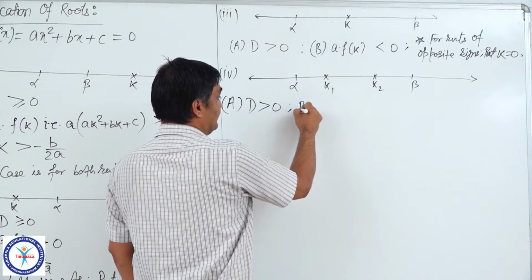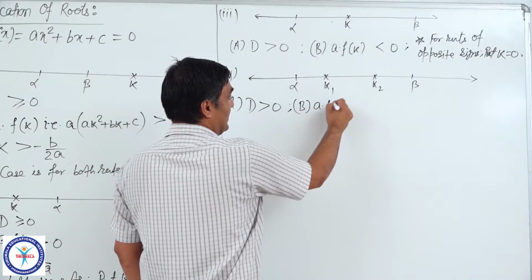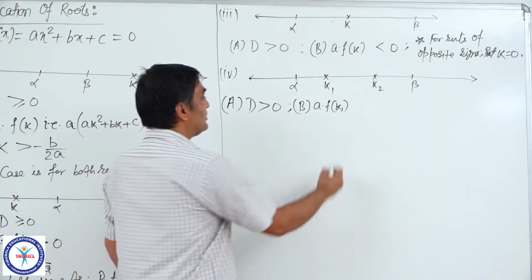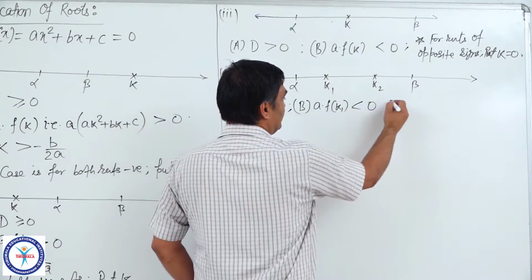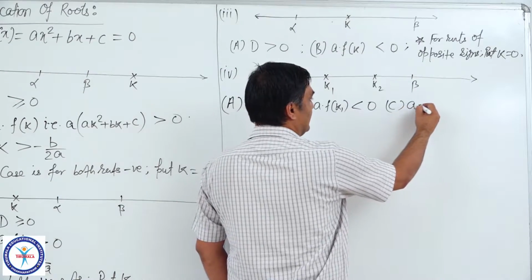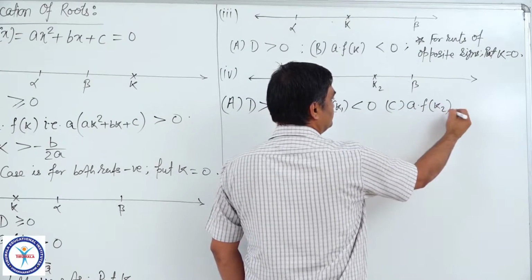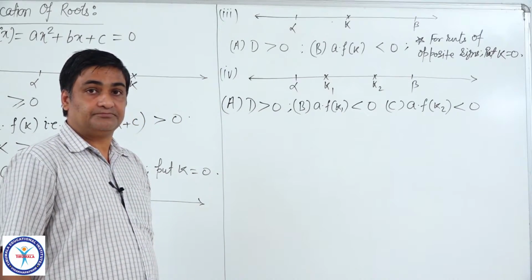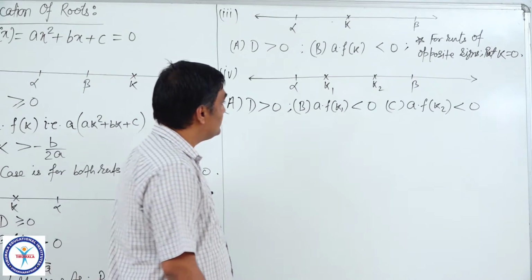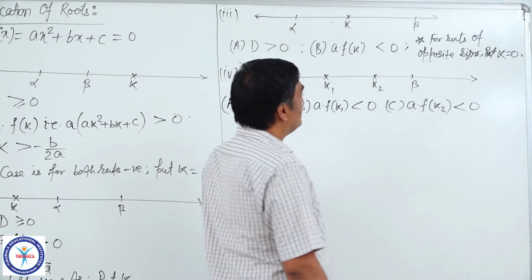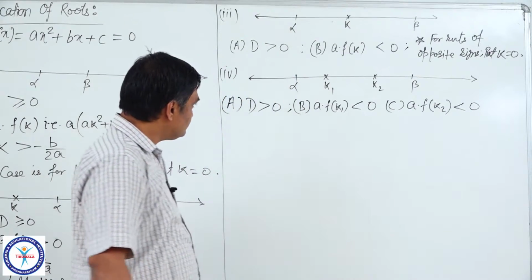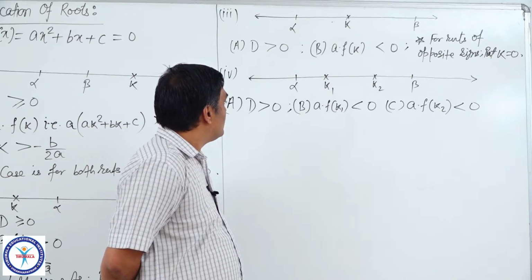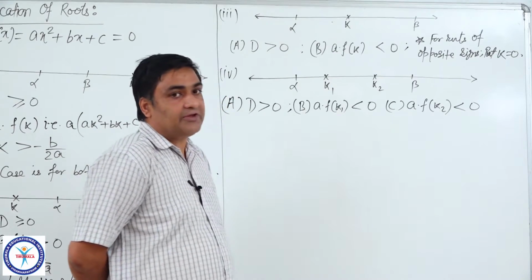What is condition B? A into f of k1, k1 is in between the roots, less than 0. What is condition C? A into f of k2, k2 is also in between the roots. Any other condition you suggest?